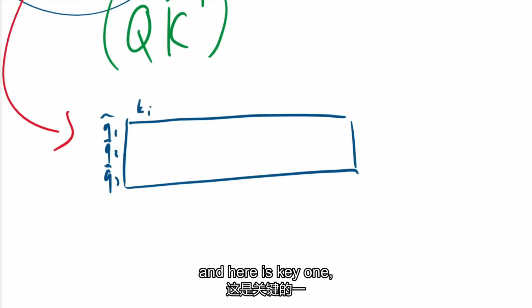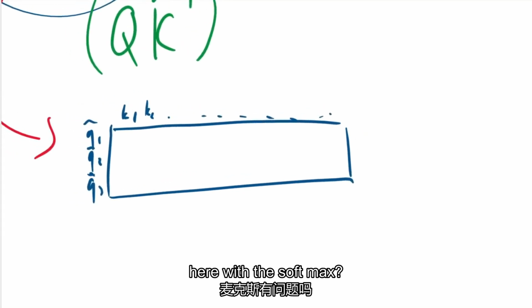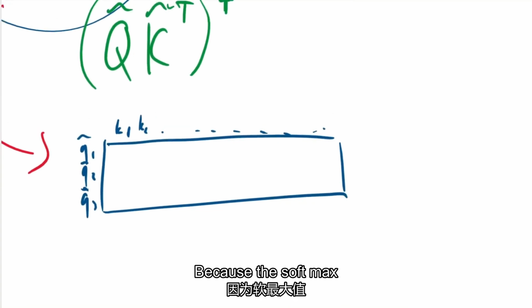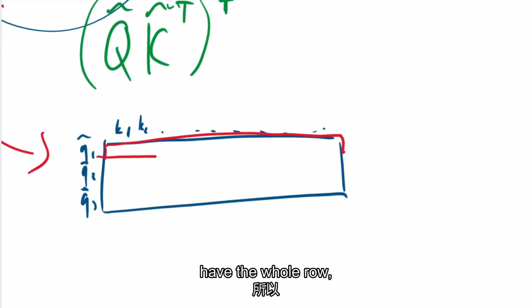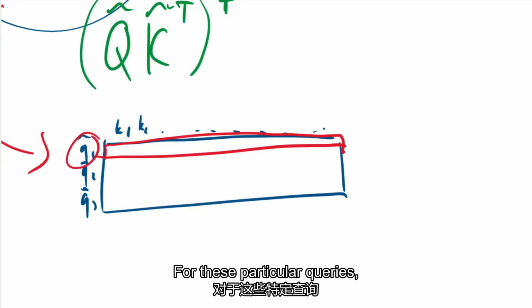And here is key 1, key 2, and so on with all the keys. Now we calculate this. Do we have a problem here with the softmax? No, we don't, because the softmax goes over the row, and in this matrix, at least, we have the whole row. So we can normalize across the row. Not a problem. This gives us a valid distribution for these particular queries.